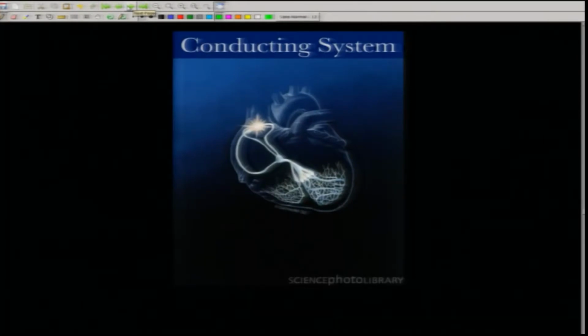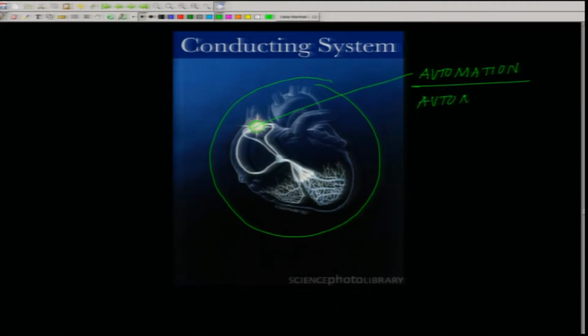Okay. So this gives you an overall architectural, anatomical view of the heart. And in a very interesting way, I got this picture, which will give you an idea how the real nodes look. So this is what is indicating the automatic triggering of the conduction system.